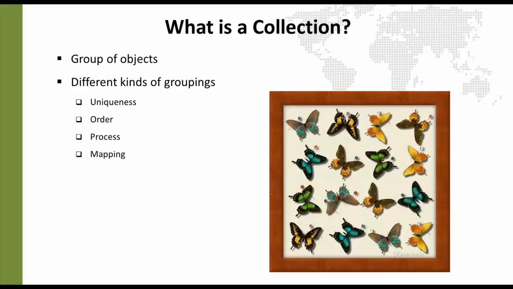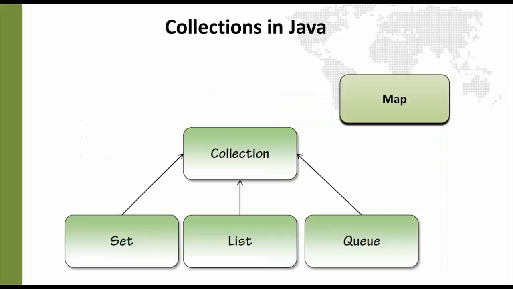You can use certain groupings or certain collections to map different items together. And these ideas really encompass all of what collections are in Java. So really collections are just some way to group things together according to some attributes that are unique to that group. So let's look at how collections are implemented in Java specifically.